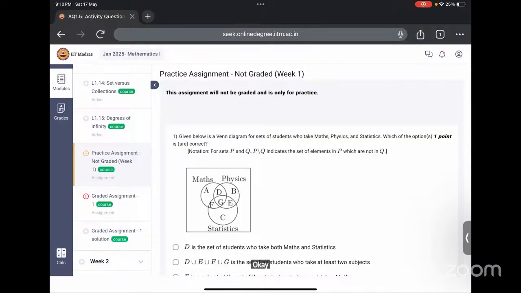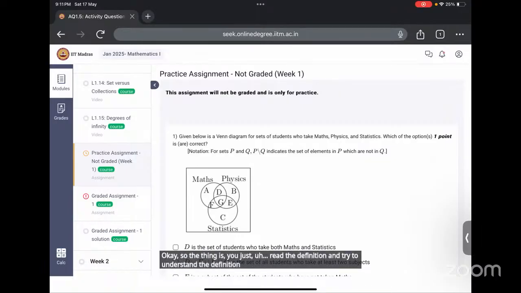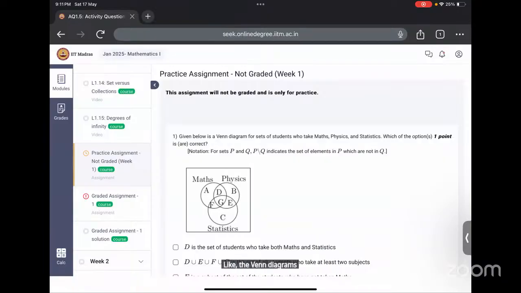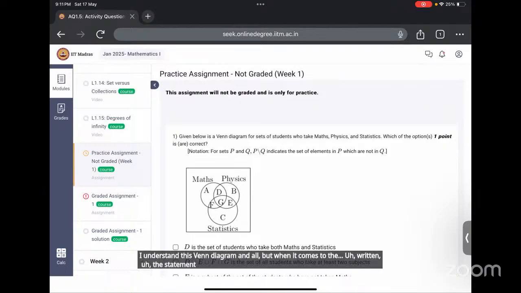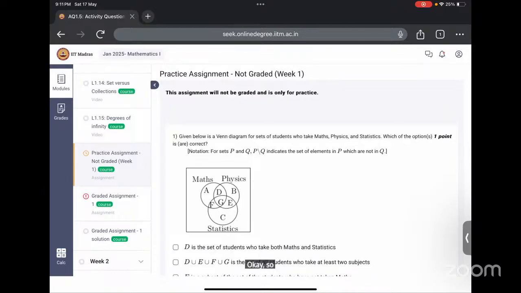Okay, so the thing is, you just read the definition and try to understand it with some examples, like Venn diagrams or some sets. I understand this Venn diagram and all, but when it comes to the written statement, I'm not able to understand how to solve it. Okay, so the domain and codomain type of question or what? Yeah, that kind. This union and intersection and all I understand.